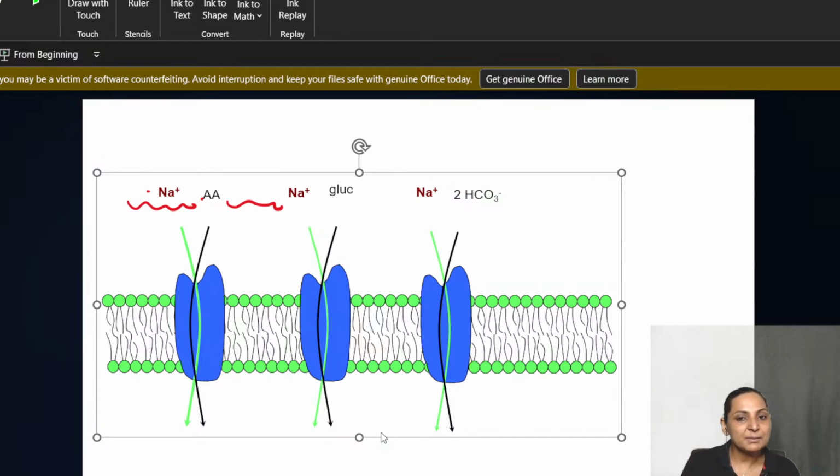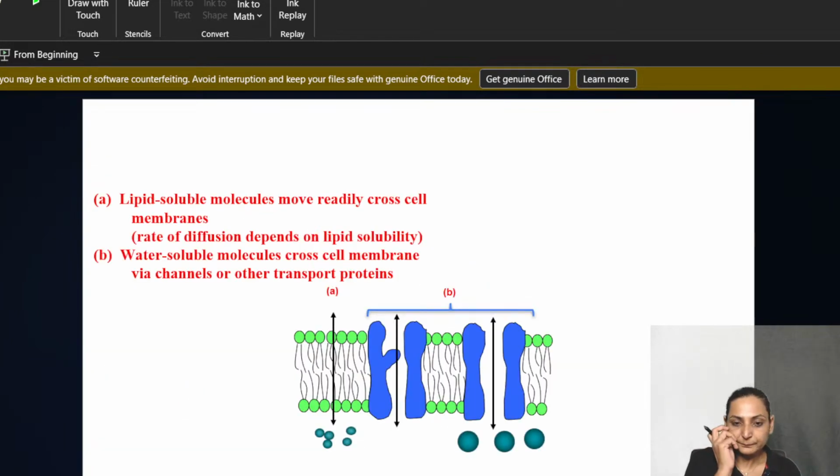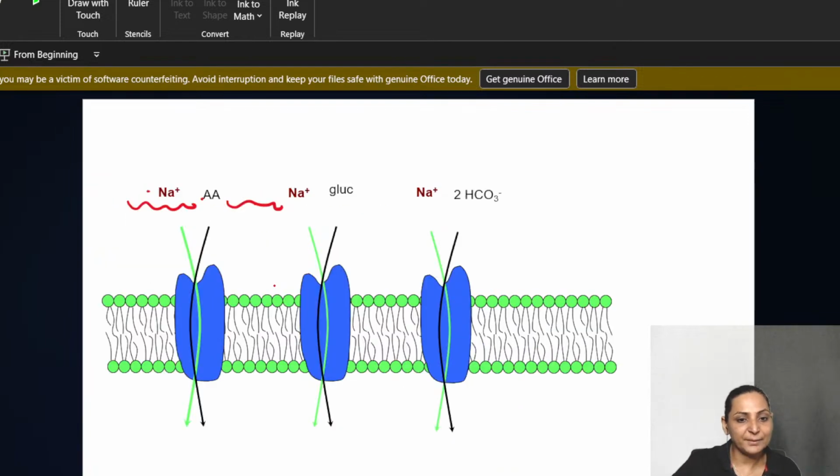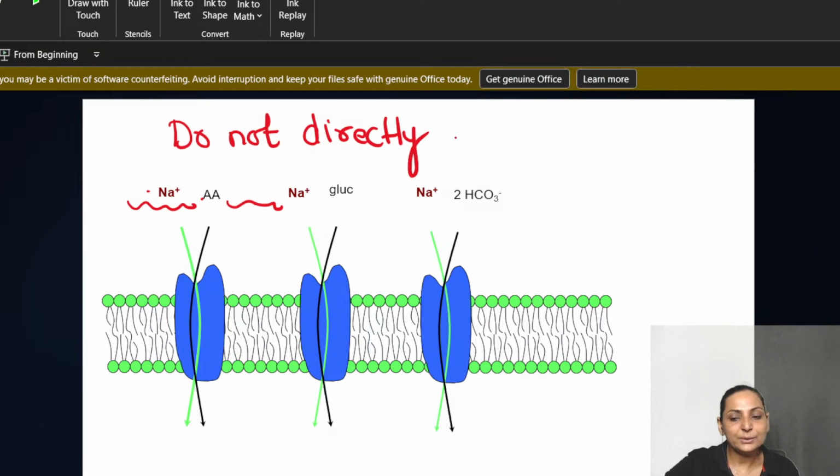It could be a symport or it could be an antiport, right? So you are never going to get a conformational change shown over here, and ATP may or may not be shown, because secondary active transport or counter transport does not directly use ATP. That is the major difference, right?